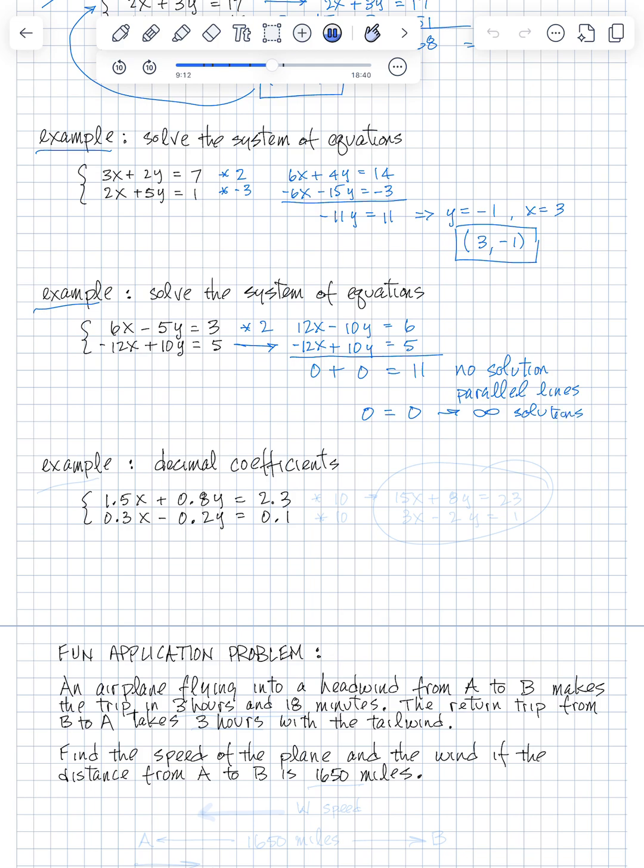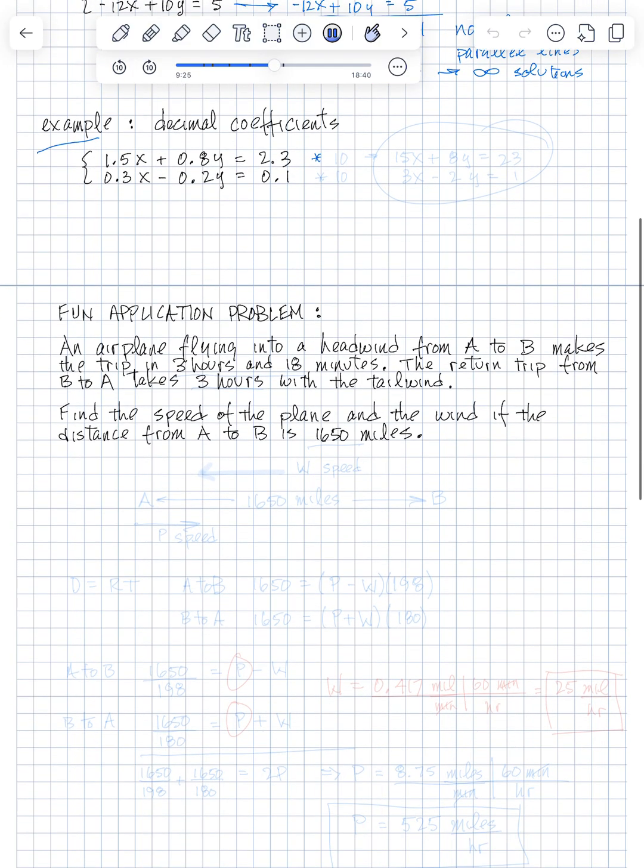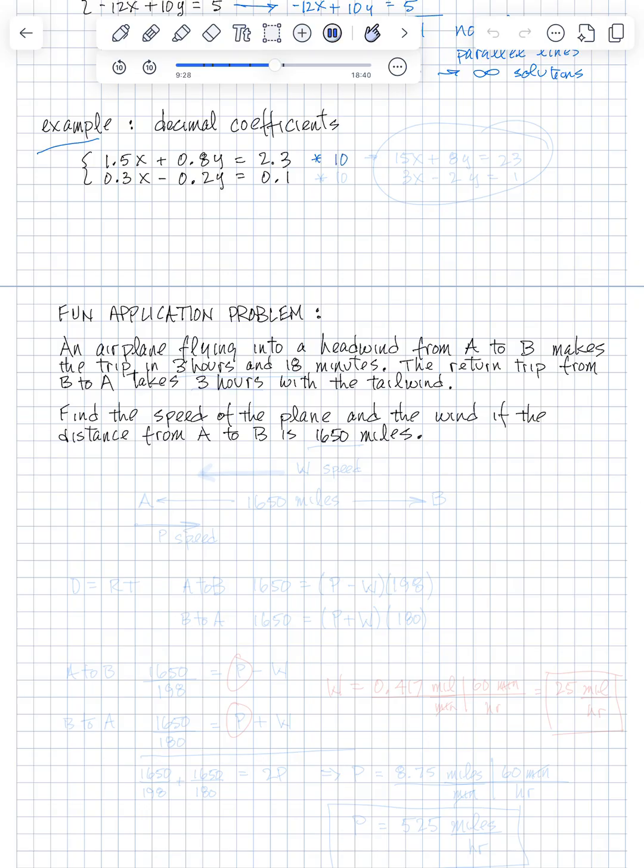Okay, another example here. What if you have decimal coefficients? Well, it looks a little bit tricky using decimals, and so the easiest thing to do is just multiply it by 10, because if you multiply each one by 10, you'll clear out all the decimals.